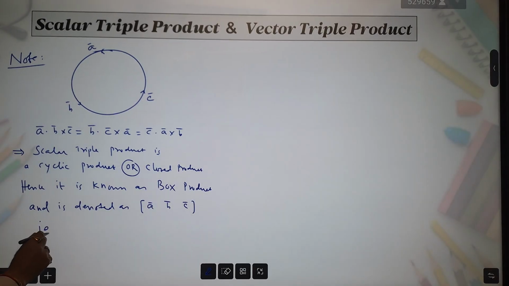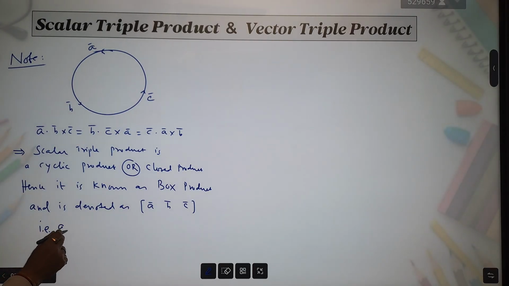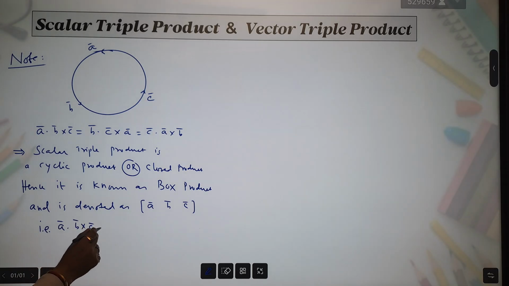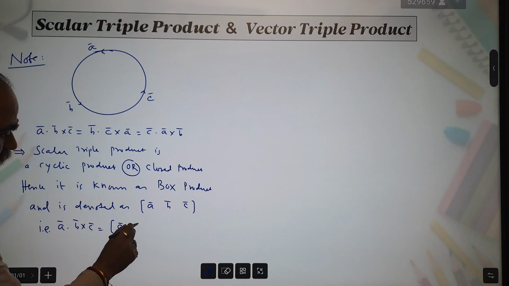That is, A bar dot B bar cross C bar is what? Box A bar, B bar, C bar.